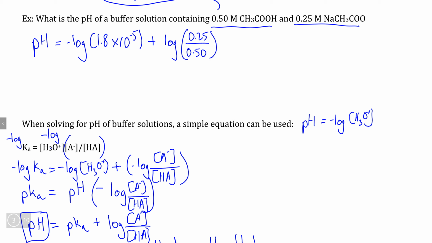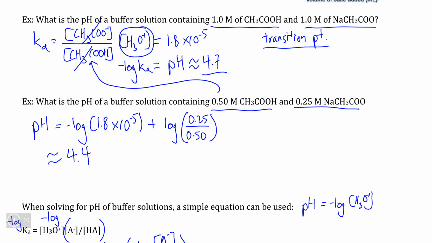And if we put these numbers into our calculator, the pH of this buffer solution comes out to being around 4.4. Now, because we have more acid than we do base compared to the transition point, we would expect that our pH would be lower, because the more acid we have, the lower the pH is going to be.